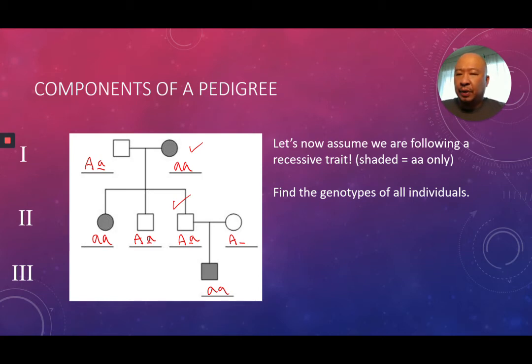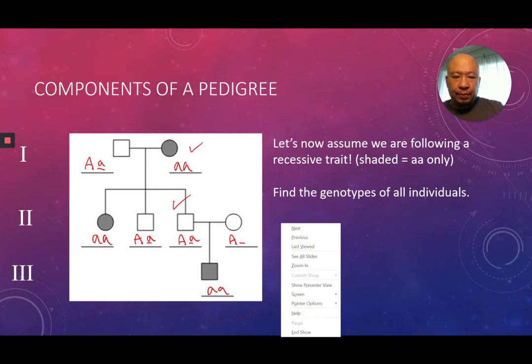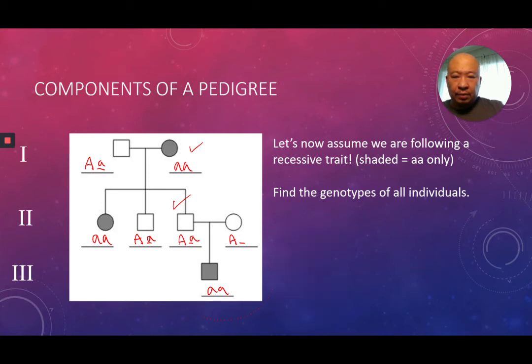So let's look at that last family. Okay, the one that didn't work out under the dominant trait assumption. So here we have two dominant individuals. One of them has been now identified as heterozygous dominant. The other one, okay, is still big A blank.